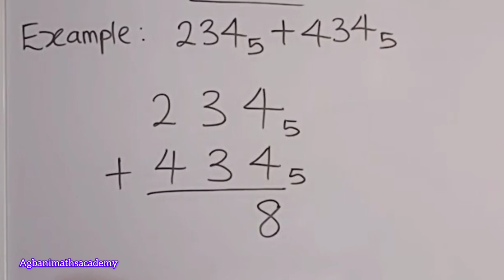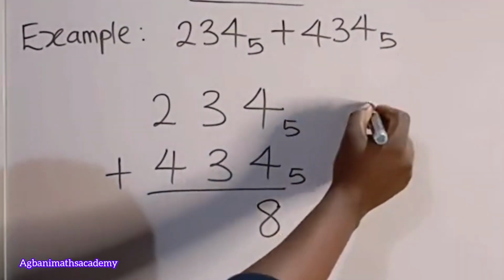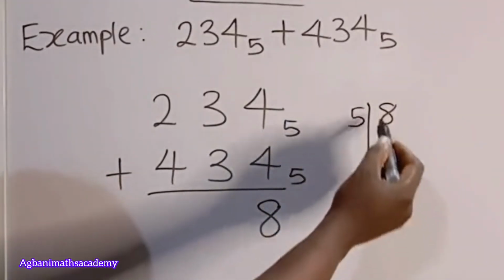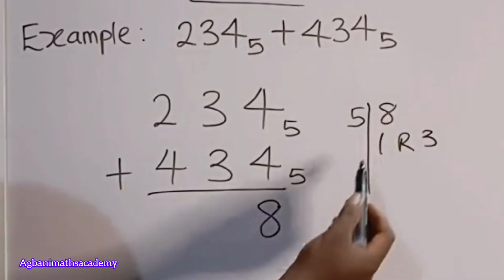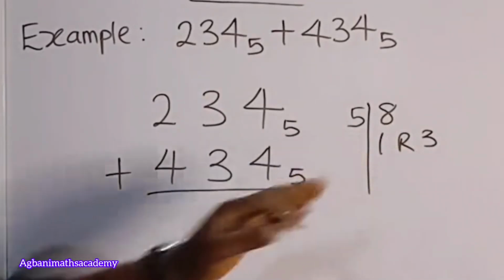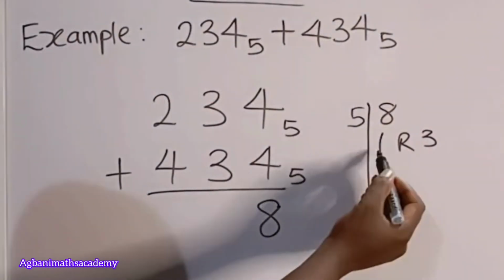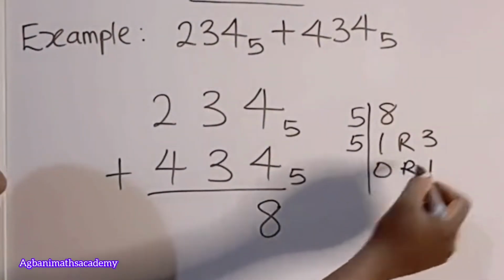Therefore, we need to convert 8 to numbers less than 5. How do you convert it? You divide 8 by 5. So you're going to do 8 divided by 5. 8 divided by 5 gives you 1, remainder 3. And then we have learned this process earlier, but I'm just going to go through it again. 1 divided by 5, that will give us 0, remainder 1.